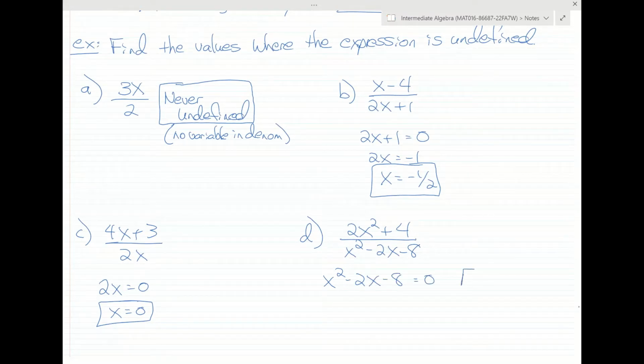We have to factor this. And remember, with factoring, we drew the x. We're looking for numbers that multiply to be negative 8 and add up to be negative 2.